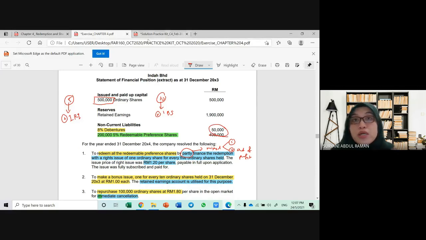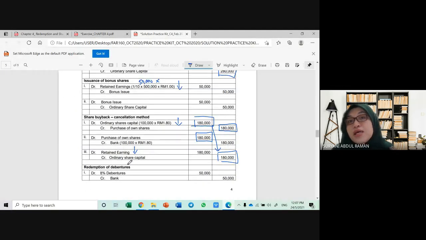So how to record? Very easy peasy. Just like how you pay the bank loan, you just have to debit your debenture account and credit your bank with the same value. The reduction in bank shows that you make the settlement by paying the money.